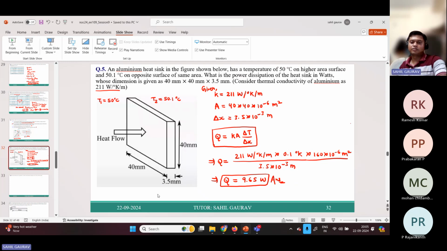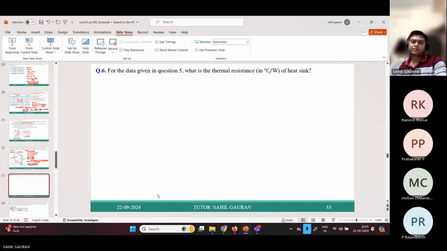So let us see the next problem. For the data given in question 5, what is the thermal resistance in degree Celsius per watt of the heat sink?